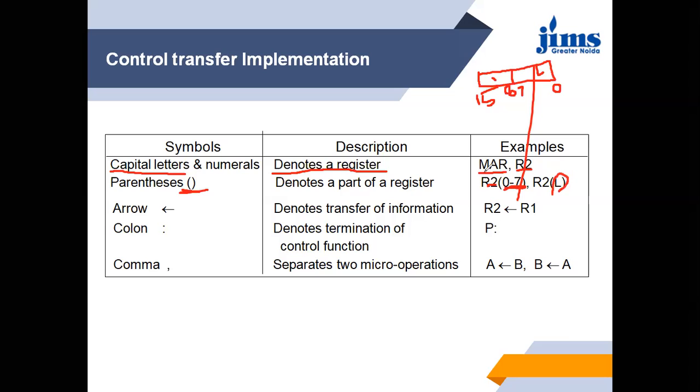We can write in either form: R2 0 to 7 or R2 lower part.